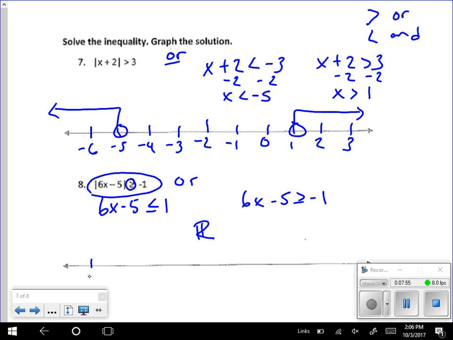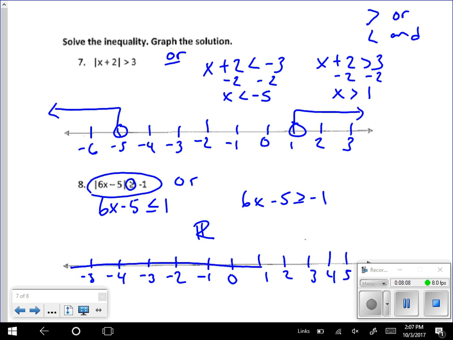And if I really wanted to make a number line, I can just shade in that entire number line going both directions because it's all real numbers. Any number that I plug in there is going to give me a positive number, which is going to be greater than negative 1, so our inequality is going to be true.